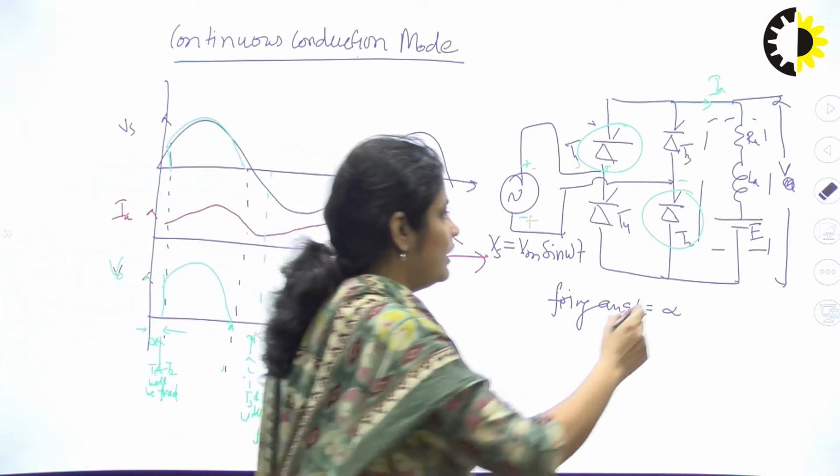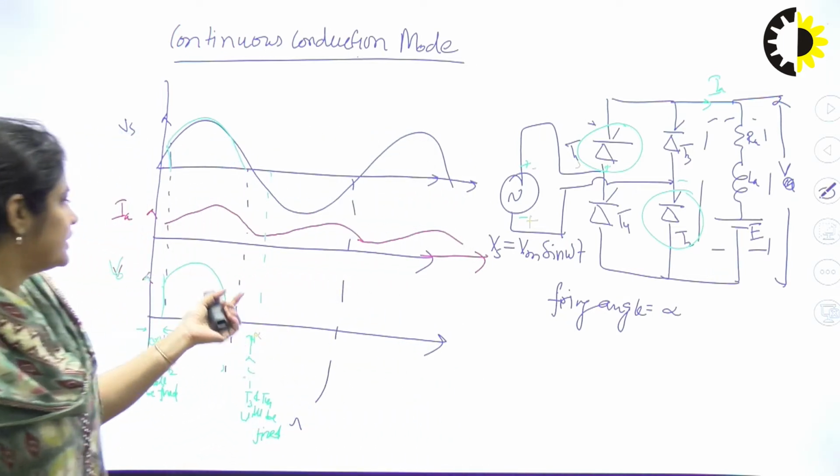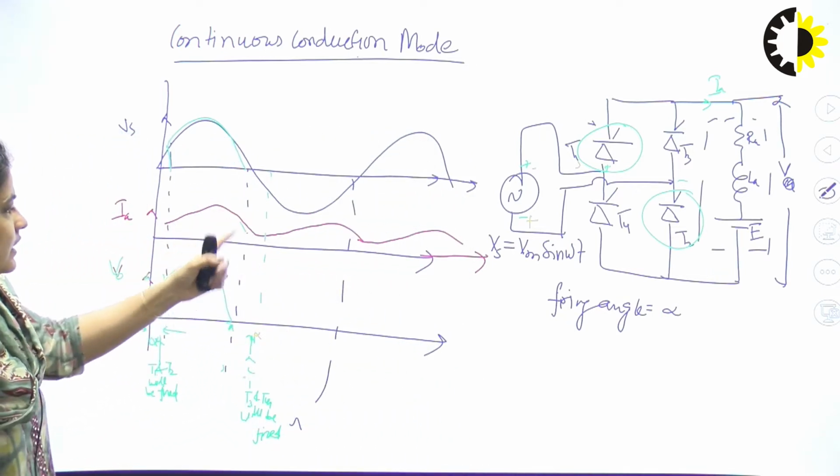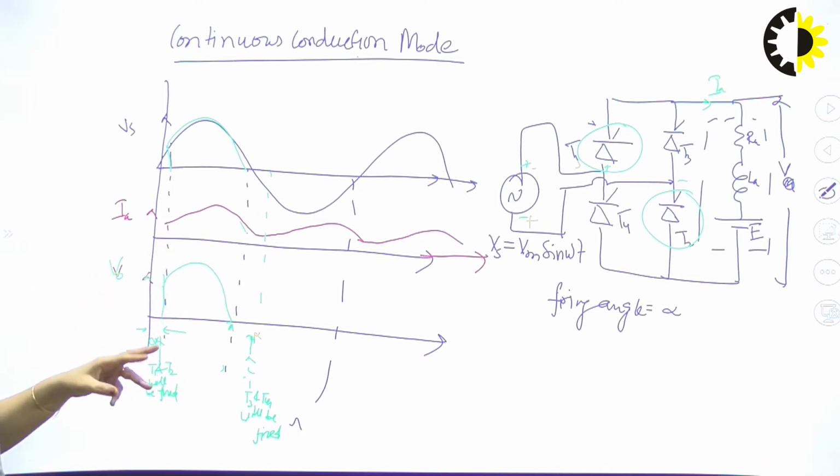Because the current is still flowing in the circuit, T1 and T2 are not going to turn off at this point.